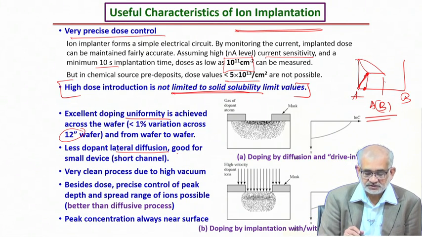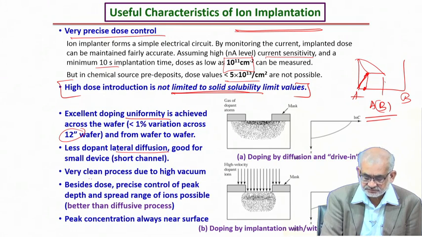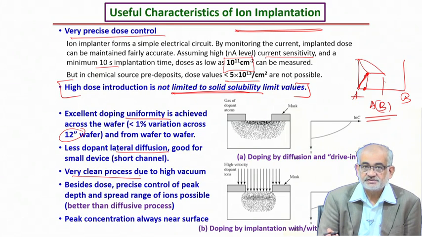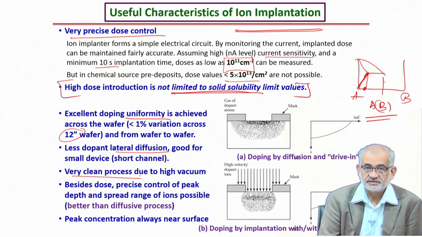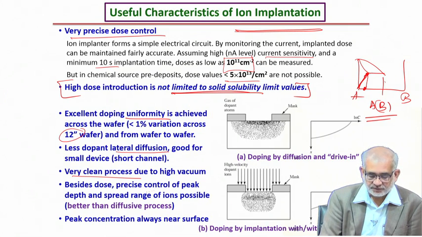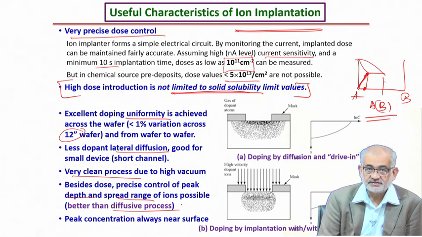Also, there is a short channeling effect. It's a very clean process because you are dealing with 10 raised to minus 11 torr or even higher vacuum, so practically no gaseous molecules present. Also, the peak depth and spread both can be very precisely controlled, better than the typical diffusion or thermally activated process.